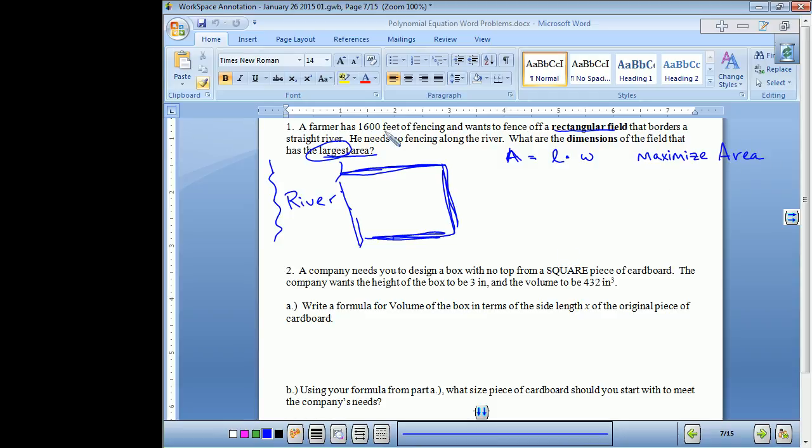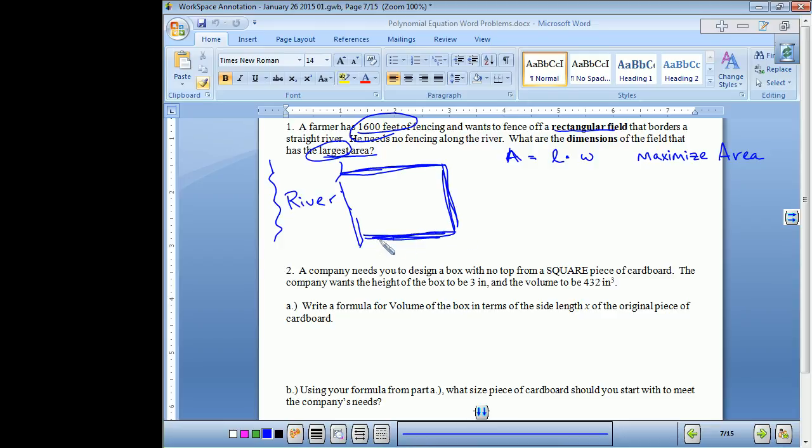Okay. So all we know is we have 1,600 feet of fence. Where do we go from here? You don't know what this dimension or this dimension is. You just guess. Well, if we're trying to find the max, then we would probably assume it would be the shortest.